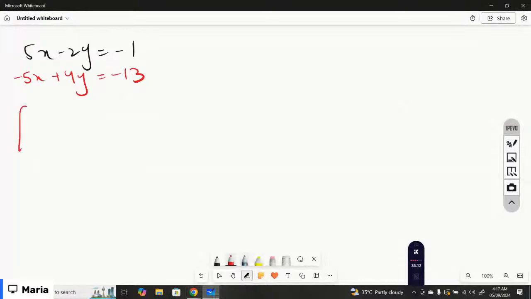If you look at the coefficients of the equation, then you can easily find which method you are going to use, right? The coefficients of the variable x are 5 and negative 5, so the easiest way is the elimination method.